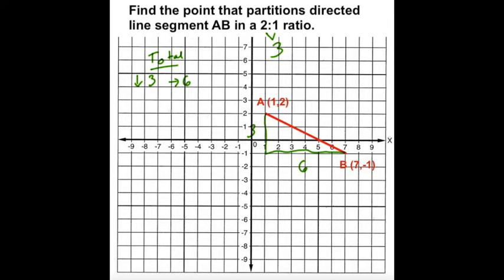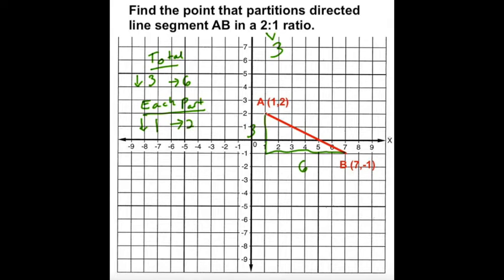That's good, but now we need to figure out for each part. So if there's 3 equal parts here, all we have to do to figure out how big each part is is divide these two numbers by 3. So each part should go down 1 and go to the right 2.